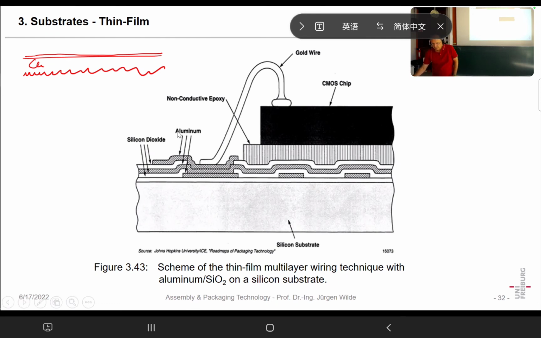Then we can put on aluminum, and that aluminum is sputtered. How do we create the conducting lines of aluminum? So we first sputter it, and then I just want to hear one word that says it all.